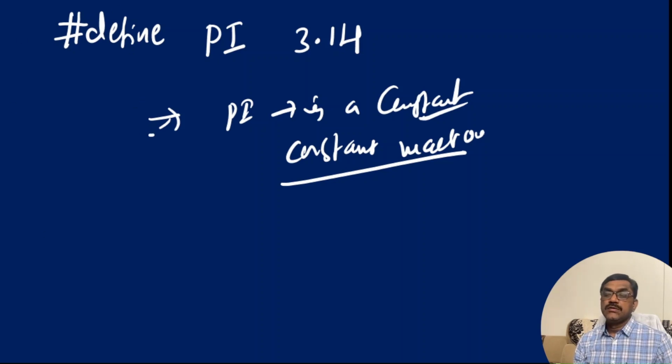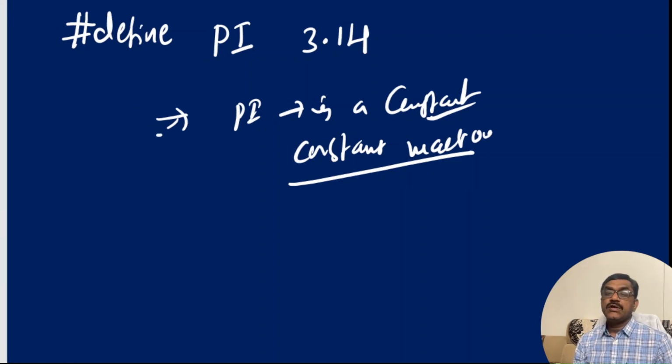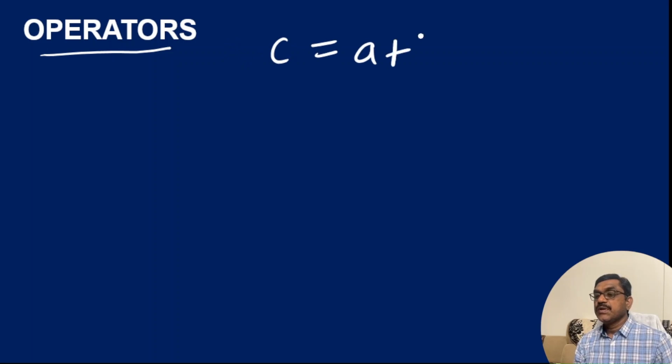After that we go for operators. Right, before going to discuss the various types of operators in C, let us have an expression here. For example, c equals to a plus b and semicolon. Every statement ends with a semicolon. So here we have the variables c, a, b.